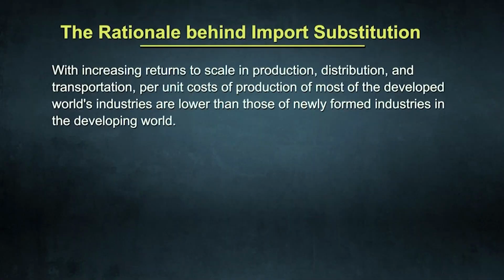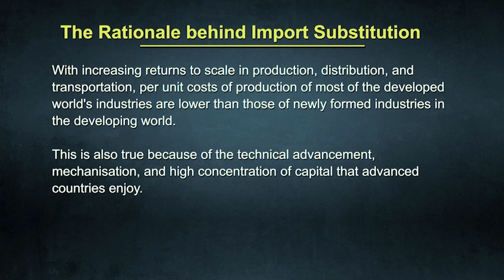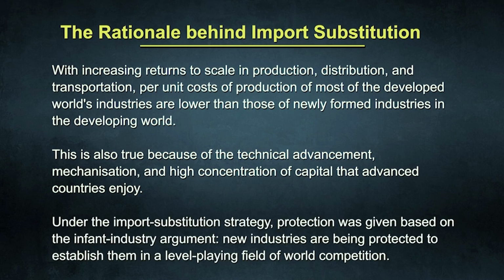With increasing returns to scale in production, distribution and transportation, the per unit cost of products of the industrial world is definitely lower than that of newly formed industries of the developing world. This is also true because of the technical advancement, mechanization and high degree of concentrated capital that advanced countries enjoy. So, under the import substitution strategy, protection was given based on the infant industry argument.